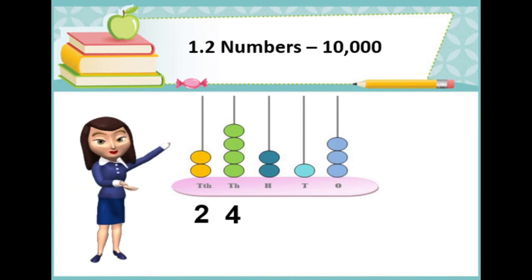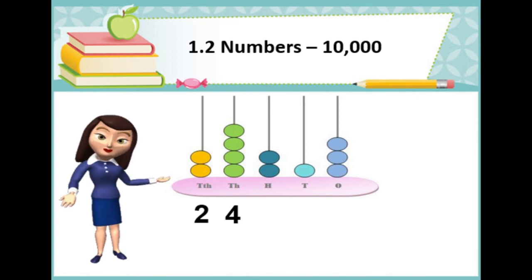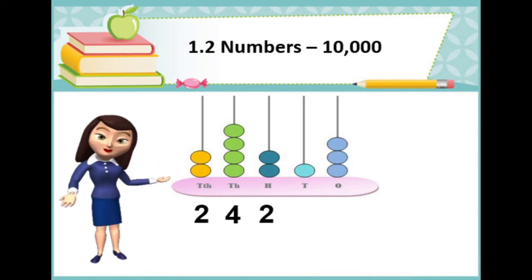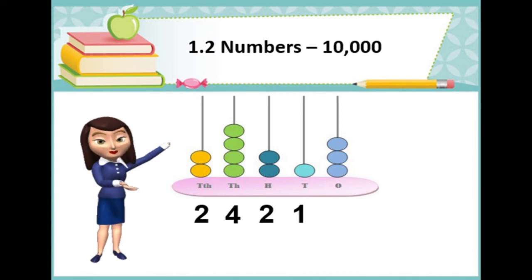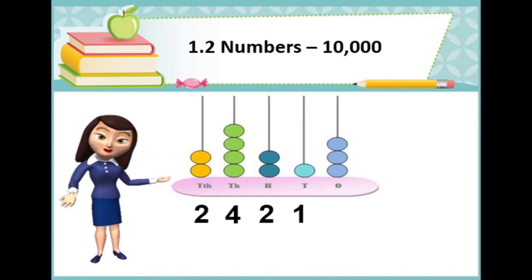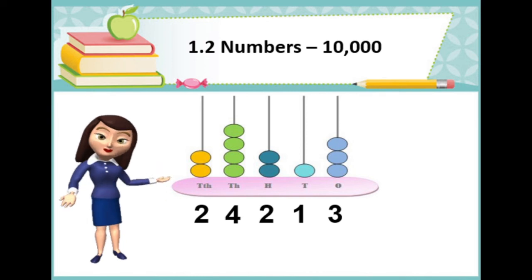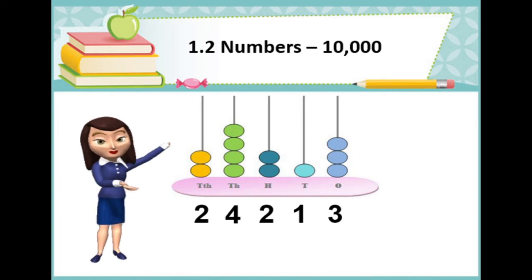How many beads in the hundreds place? 2. Very good. How many beads in the tens place? 1. And how many beads in the ones place? 3. How do you write it in numerals? Comma between 4 and 2.